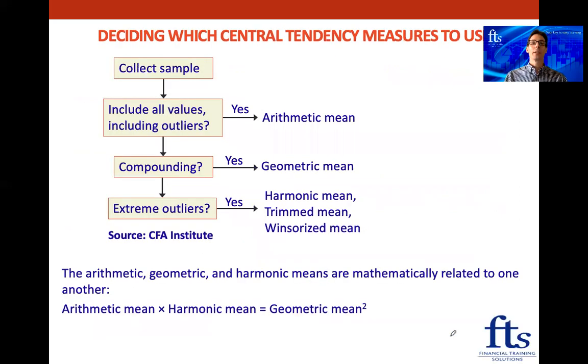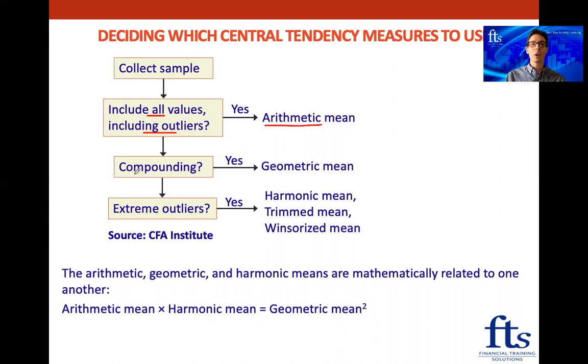Great. So now that we've discussed these different measures of central tendency, now we're going to look at deciding which measure to use. First we must collect our sample. If we include all the values, including our outliers, then we must use the arithmetic mean.